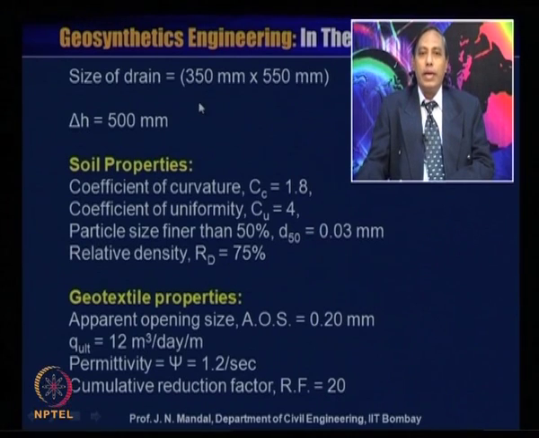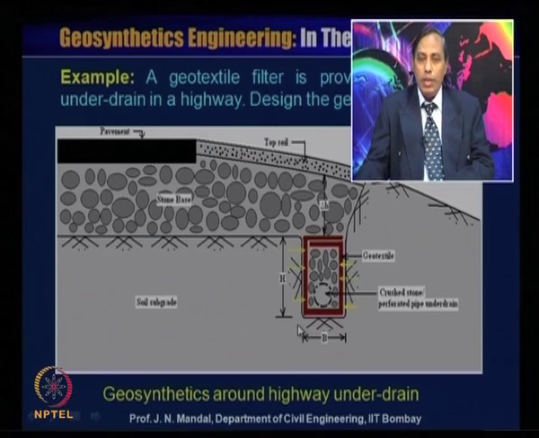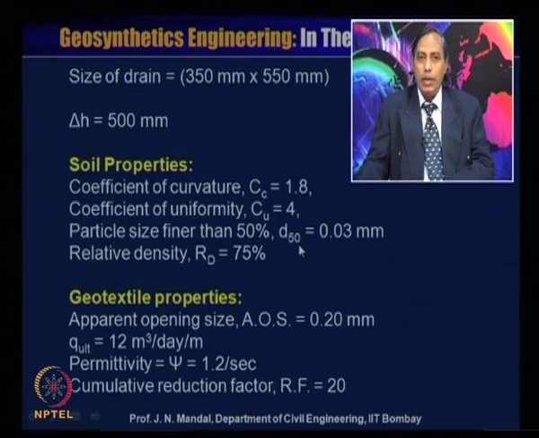Now, the size of the drain is 350 millimeter by 550 millimeter. That means B is 350 millimeter and height H is 550 millimeter, and delta H is 500 millimeter.